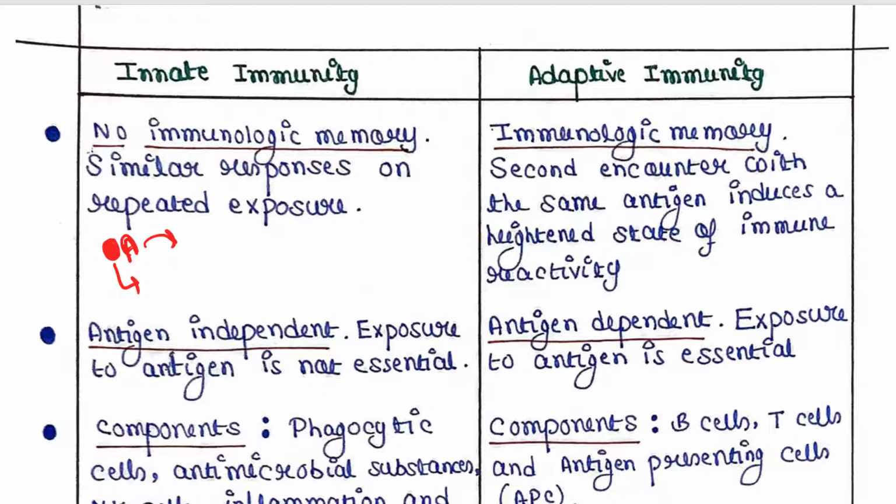But innate immunity cannot remember that pathogen A has already attacked us. It cannot memorize, so it will show a similar response to this pathogen as it has shown before.